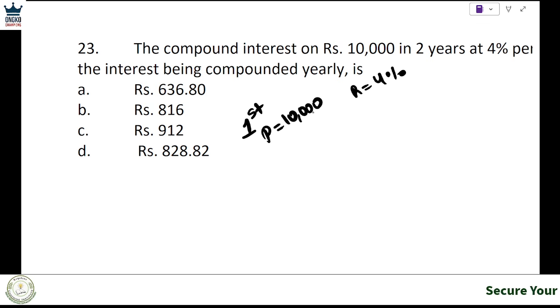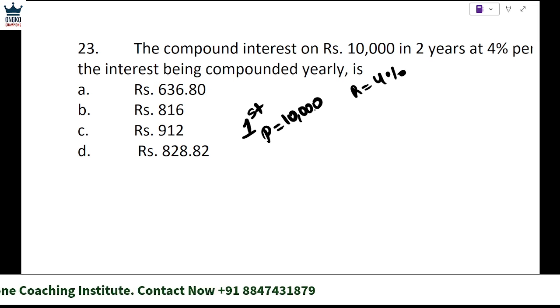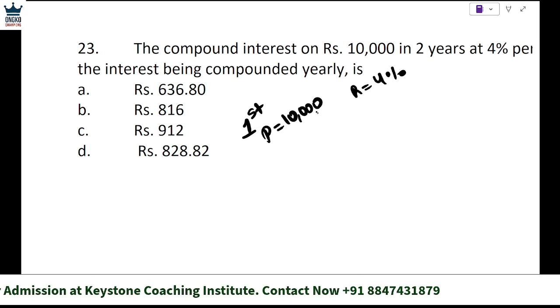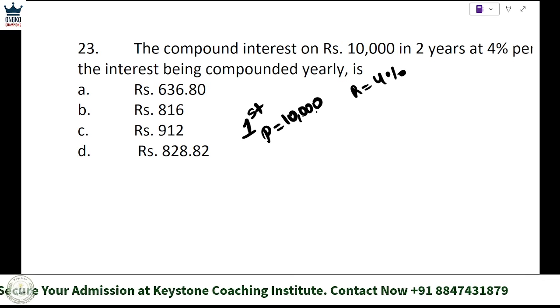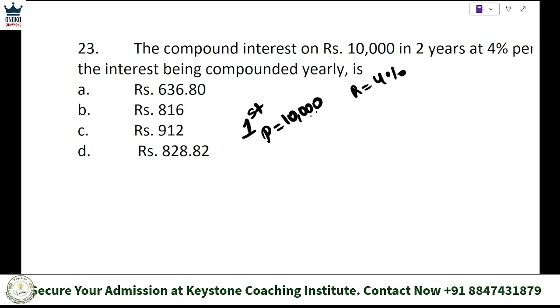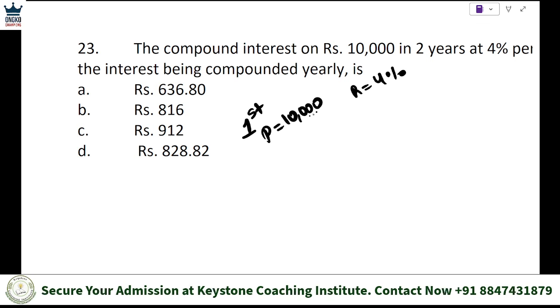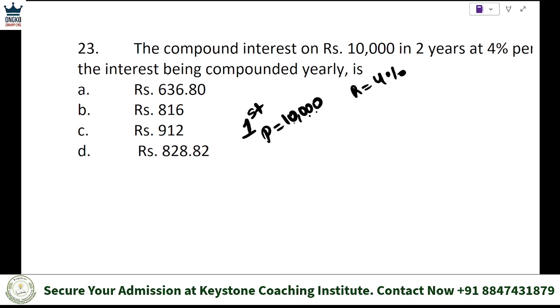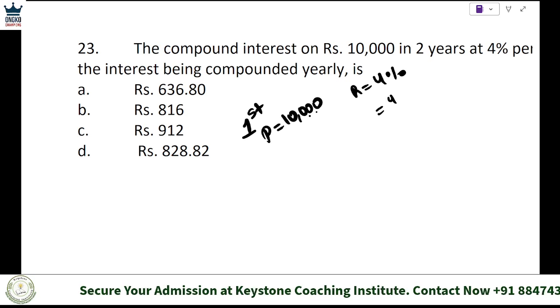If you're watching my video, then you will know by now that 10% of this is 1000, so 1000 is 10%, and 1% is 100. So 100 is 1%, and 4% means 4 times, so 100 into 4 will give us 400.